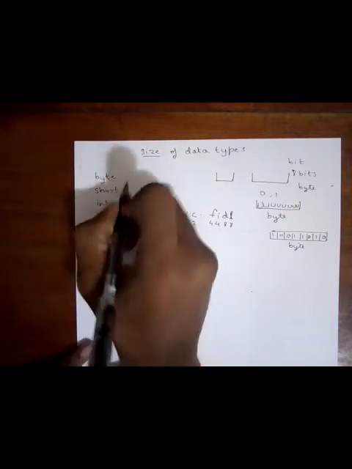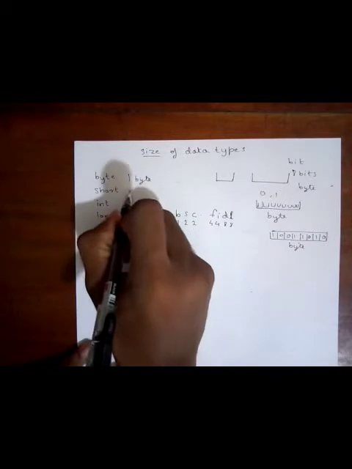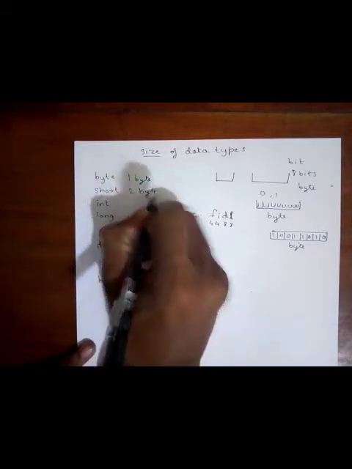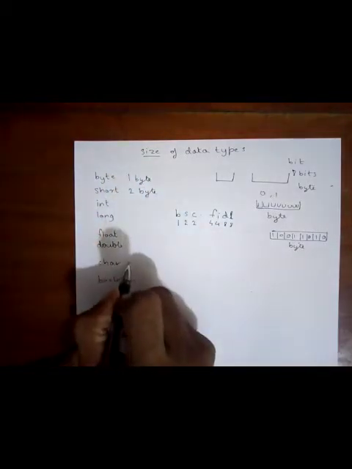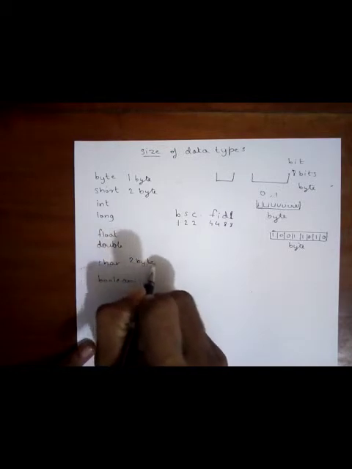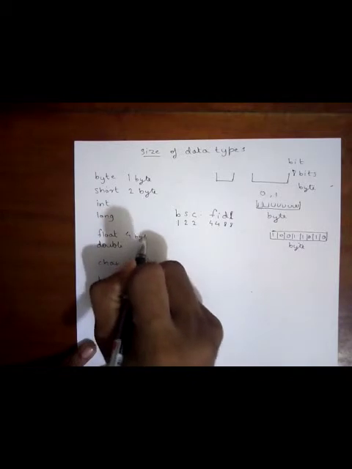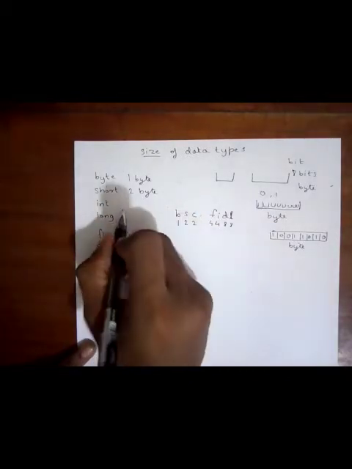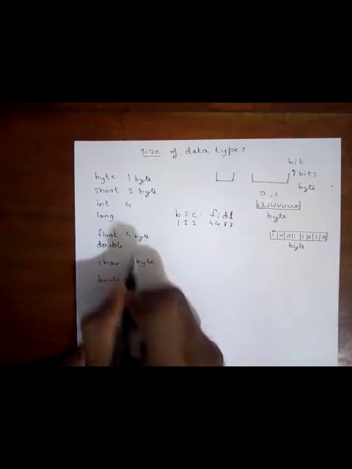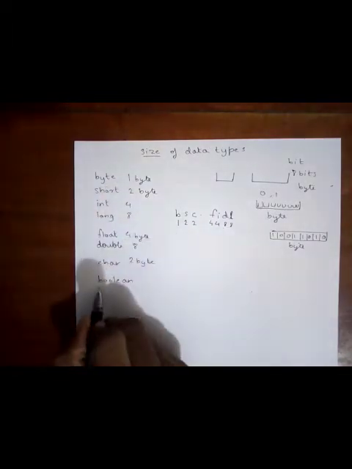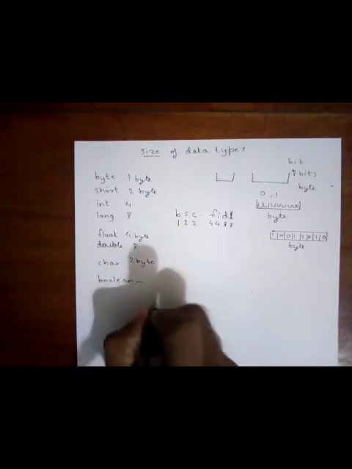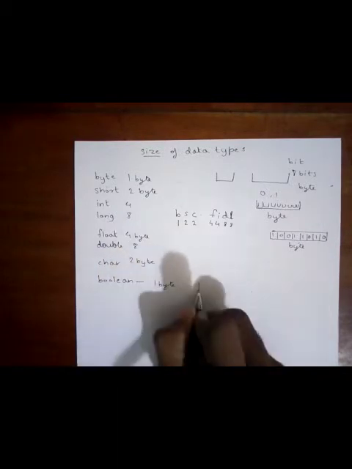That means byte has 1 byte size, short has 2 bytes, and character has 2 bytes, float has 4 bytes, integer has 4, double has 8, long has 8. And you should remember that boolean has 1 byte storage.